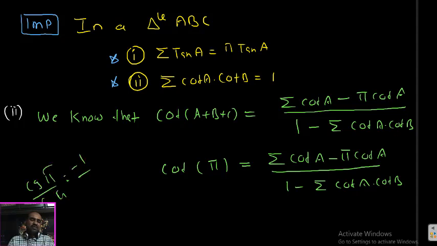Cos pi is minus 1, sin pi is 0, minus 1 by 0 is not defined. What is the meaning of that? LHS is not defined.